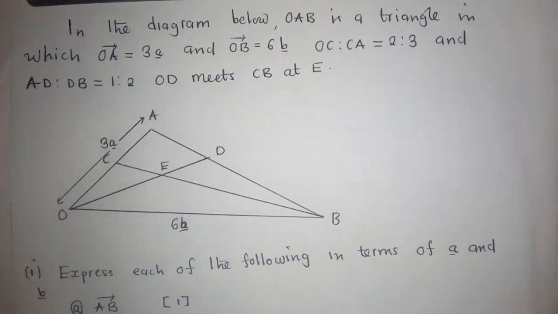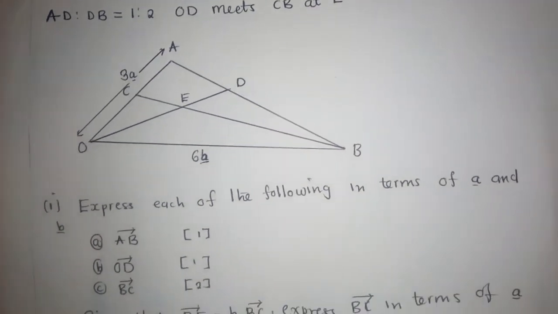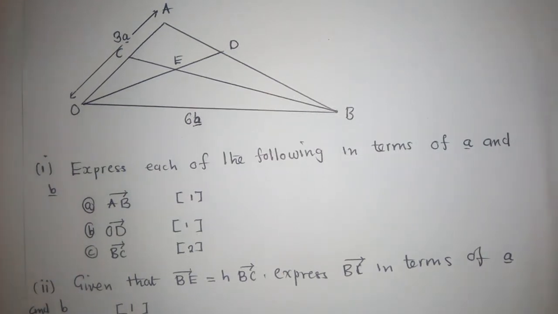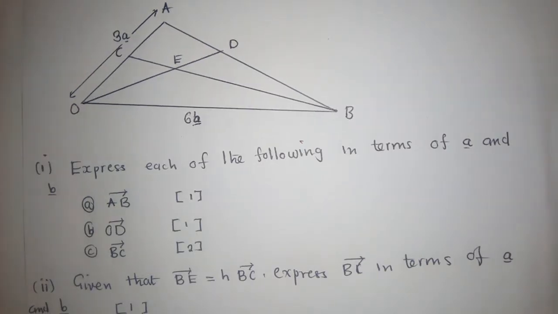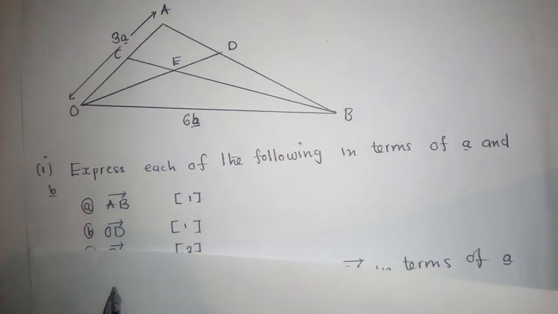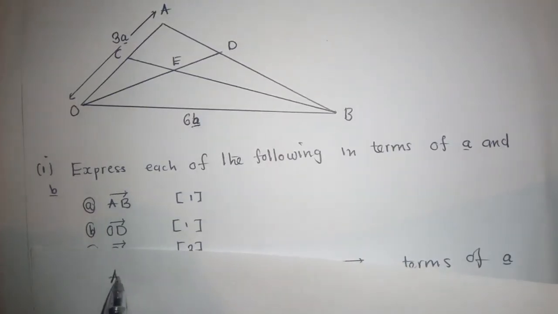All right, so this is the question, and we can start the diagram nicely and check what we're supposed to do. So they say express each of the following in terms of A and B. So you can check what we have here, and we need to express them in terms of A and B. So what we normally do here, for example, the first one, they're saying we find vector AB.